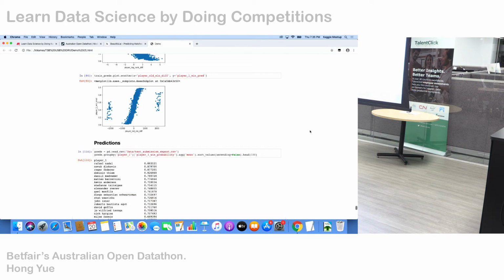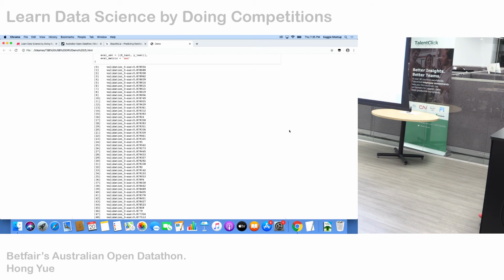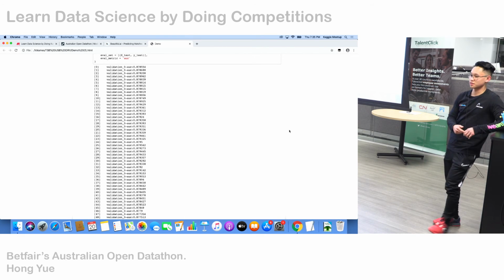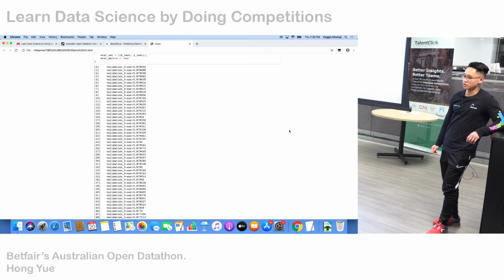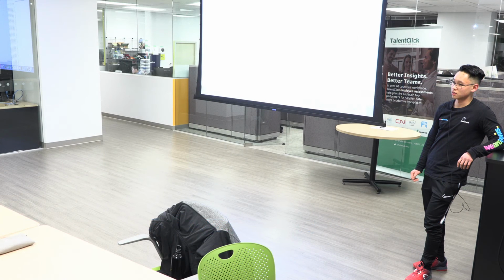I have some interesting visualizations for that as well. Yes? For the clutch factor, don't you think the number of tied games, I think tiebreakers, that you omitted before, would affect the clutch factor? Because during the ties, that's where the clutch comes in, right? Yeah, I guess so.